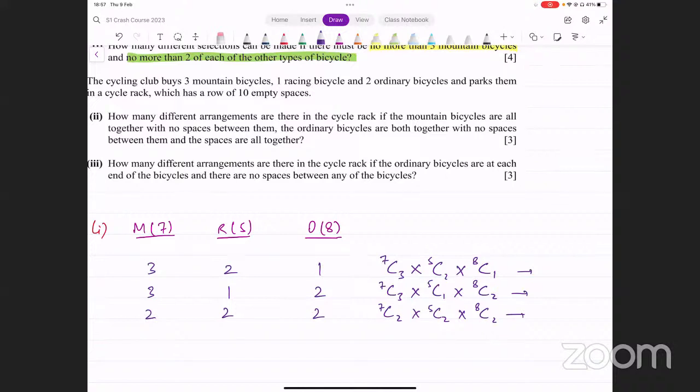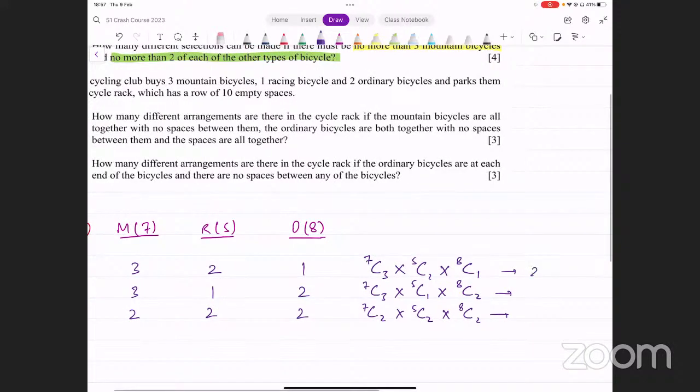The first case, let's see what that gives us. The first case gives us 2,800. The second one gives us 4,900.